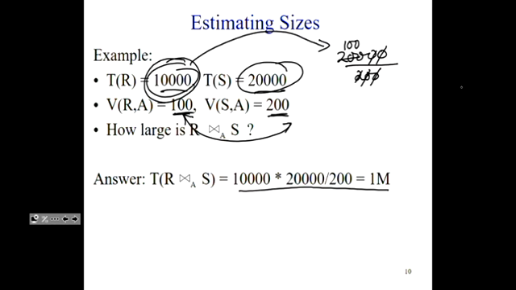So once again, the way I started this was to say, which of these two relations has the larger V of A? Then I apply containment of values to say that if V of R comma A is smaller, then the set of values that A takes in R is going to be contained in the set of values that A takes in S. And then I use that to compute the sizes.